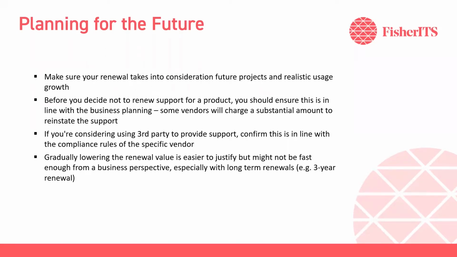So gradually lowering over multiple renewals, if one renewal is not for a year, but might be, for example, for 3 years, it might not be fast enough for the business to get the financial savings, but it's definitely better and it's easier to justify to the vendor. And why it's easier to justify it, we're going to see on the next slide.